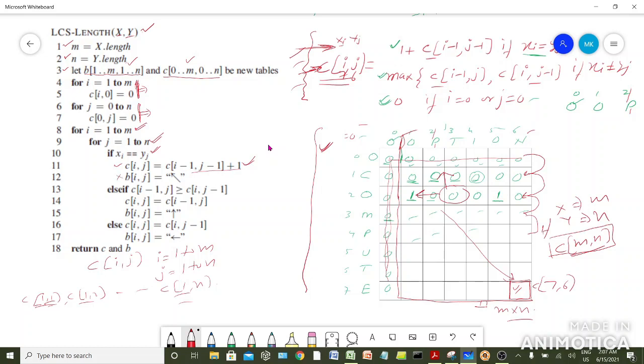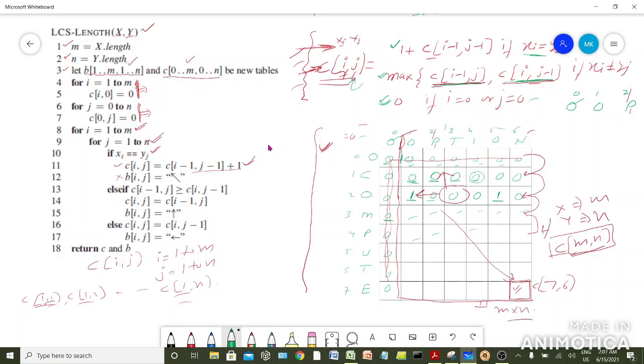Now consider the second case when xi is not equal to yj. In that case we need to compare two values. One is c of i minus 1, j and the other one is c of i, j minus 1. These two are going to be compared, and the one out of these which is maximum is going to be assigned to c of ij.